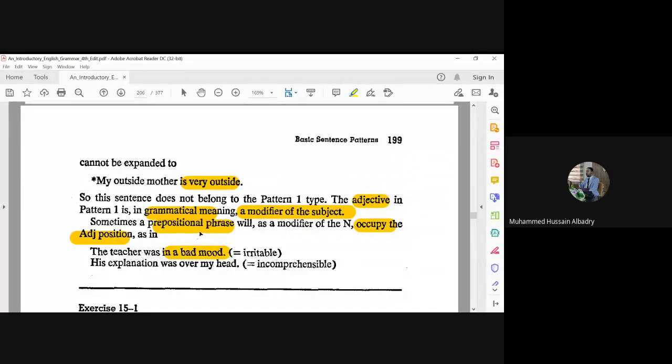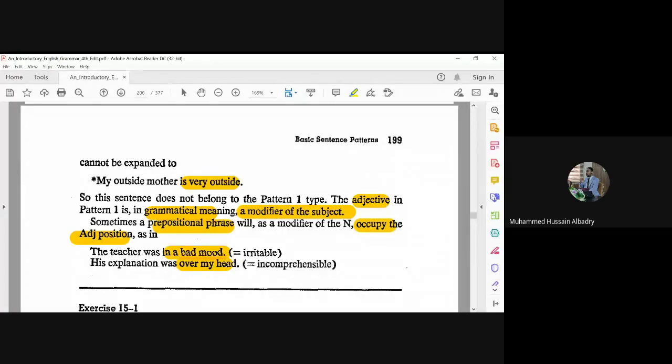Okay? يعني هاي prepositional phrase شغلة مكان adjective. كأنما the teacher was, for example, nervous, irritable, angry. You see? His explanation was over my head. This is a prepositional phrase, but this is what it means: incomprehensible. So this is a prepositional phrase.